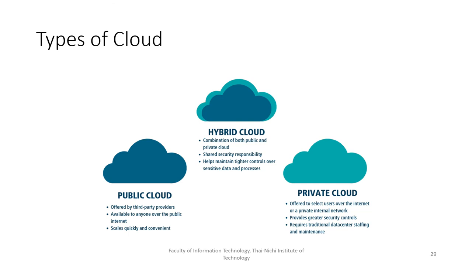It requires traditional data center staffing and maintenance. And then we have the hybrid cloud, which is a mix of public as well as private. It has shared security responsibility, and it also helps to maintain tighter controls over sensitive data and processes.